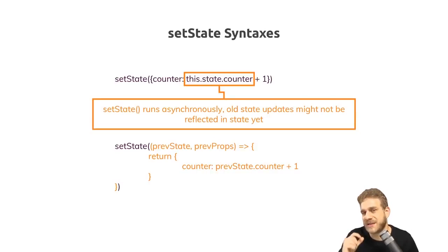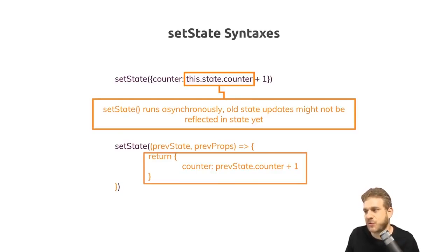We're guaranteed to always get the last valid previous state, and if we then need some property from that old state, we now are guaranteed to get the latest version of it and use it to set the new state. Important, in that function, you return the same object you would have passed to setState in the first syntax anyways.